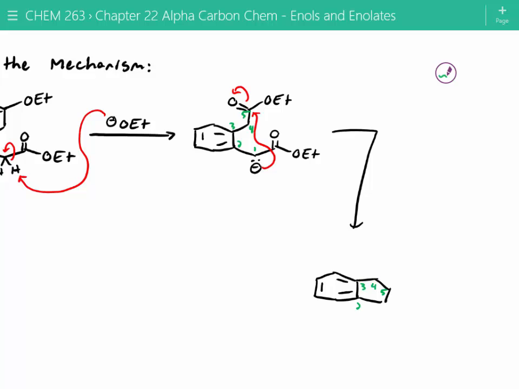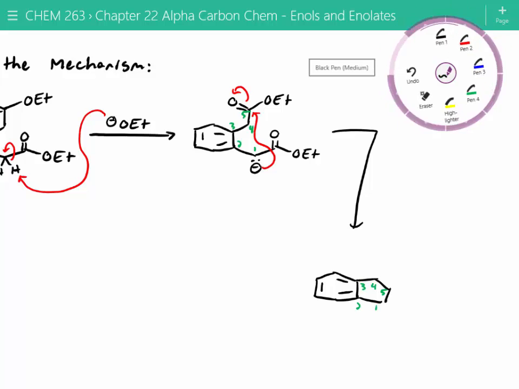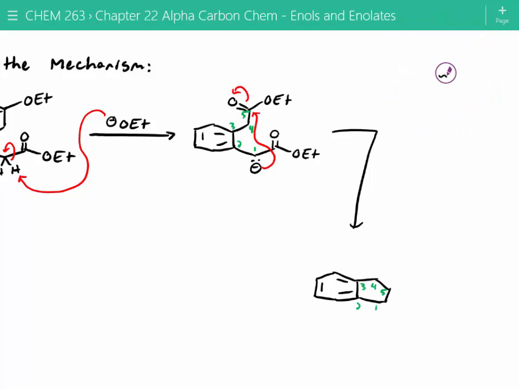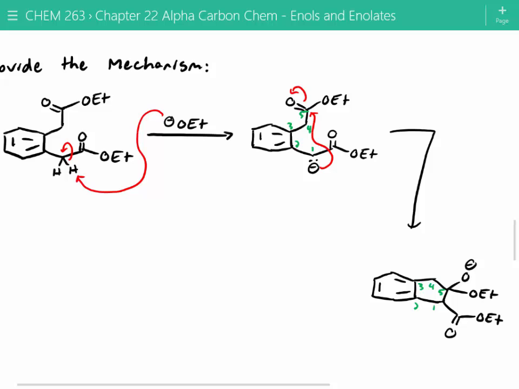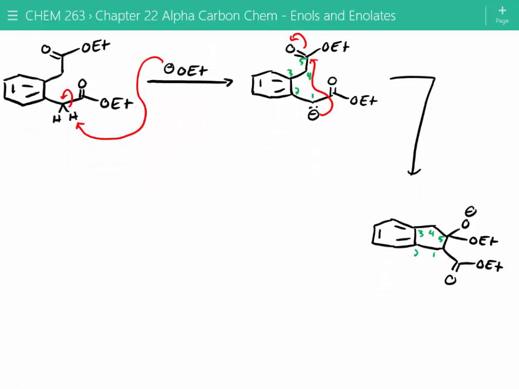Let me actually move this 1 over a bit. And then off of our 1 position, we've got our ester. If we look over to our 5 position, we've got an oxygen with a negative charge. And we've got an ethoxy group. What do you think the next step is?